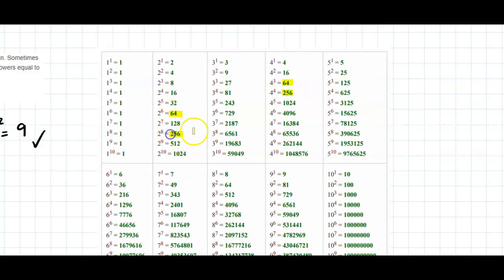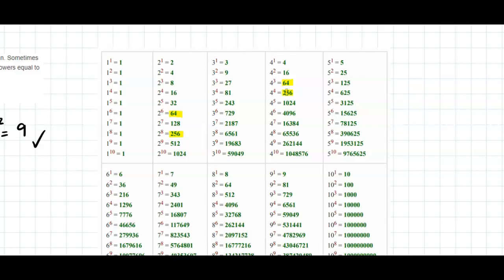I also see one under the 2's combination, so I could rewrite 64 and 256 as base 2, or I could rewrite them both as base 4. Either way, if you solve correctly, you'll get to the correct answer.